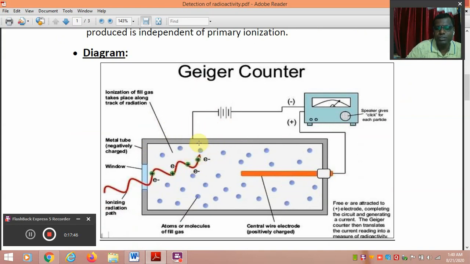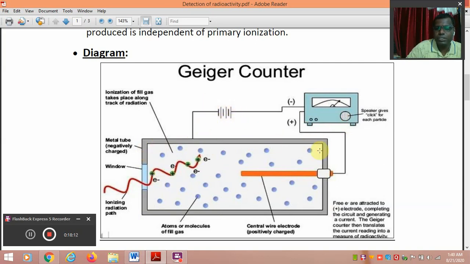In short, I am going to revise here. It consists of the copper metal cylinder or the metal tube which acts as the cathode. It consists of a tungsten wire at the central part which acts as the anode, and these are connected to the readout device through a power supply.